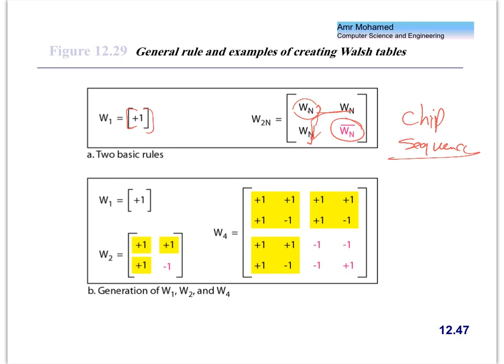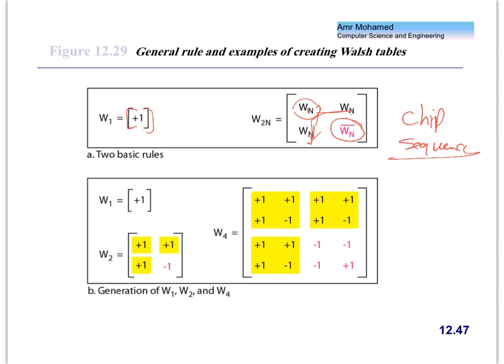Why? If you do the dot product, Wn multiplied by Wn is Wn. Wn multiplied by minus Wn is minus Wn. So if you get the summation, it's always 0. This is what we call the orthogonality condition.